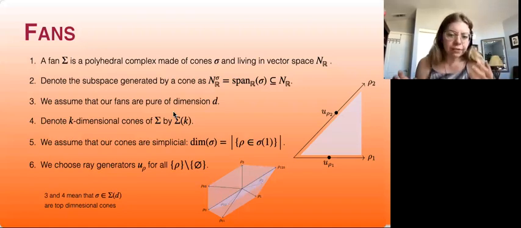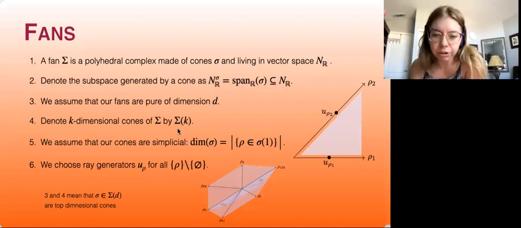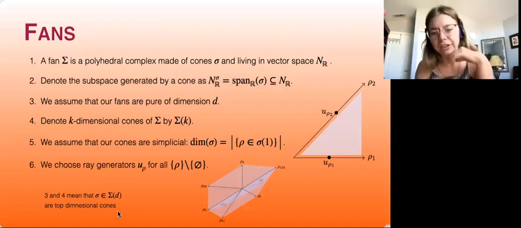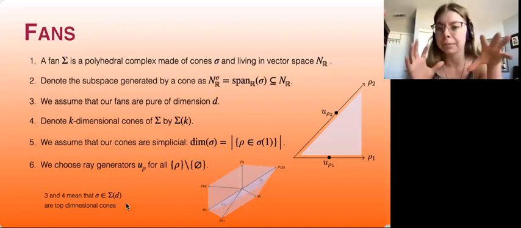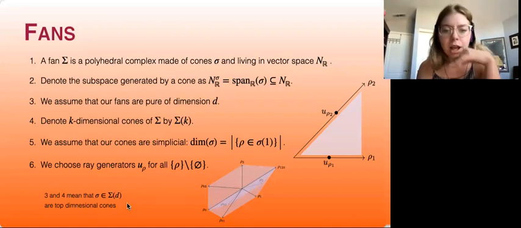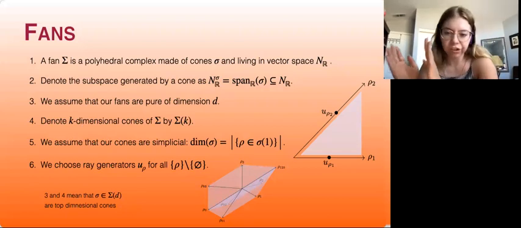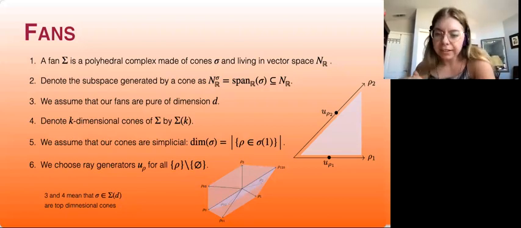We assume that our fans are pure of dimension d, and I'm denoting k-dimensional cones by sigma(k). So we'll frequently see this notation, sigma(d), meaning top dimensional cones. I'm assuming that all cones are simplicial, so the dimension of the cone is just the number of rays that generate it.